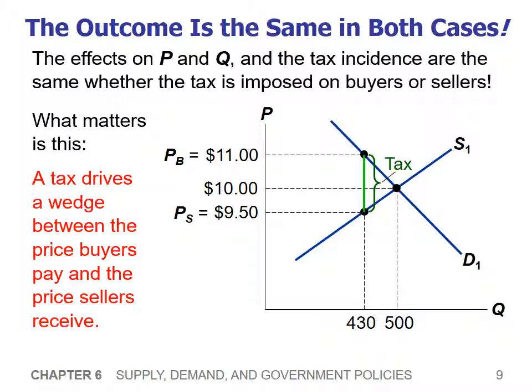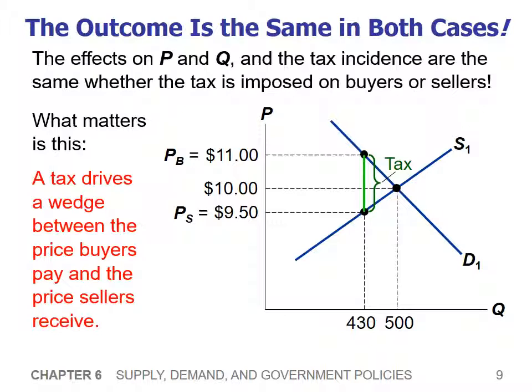When you impose a tax, buyers are now paying more than what they were paying before. So they will cut back on how much they demand. Sellers are getting less than what they were getting before. As a result, they will cut back on how much they supply. Consequently, the equilibrium quantity of that product will fall in the market.